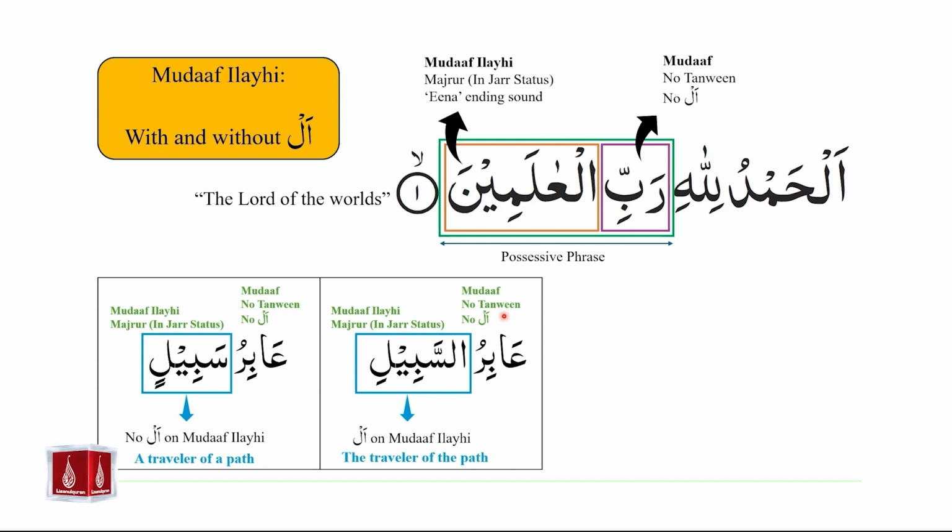Abiru is mudaf, as-sabili is mudaf ilay because it follows the mudaf and it is jar in status, and it will be translated as the traveler of the path. So the addition of al on mudaf ilay creates the meaning of the in the translation.